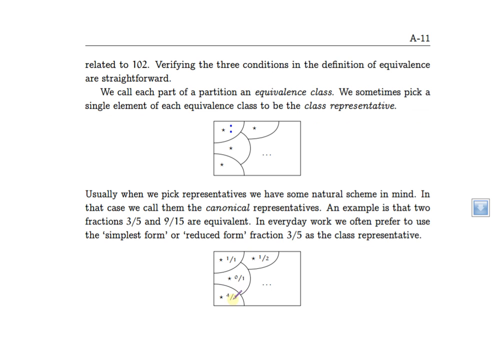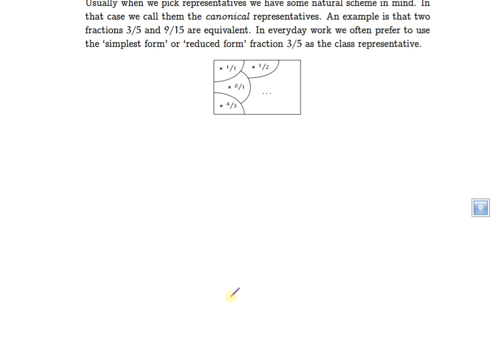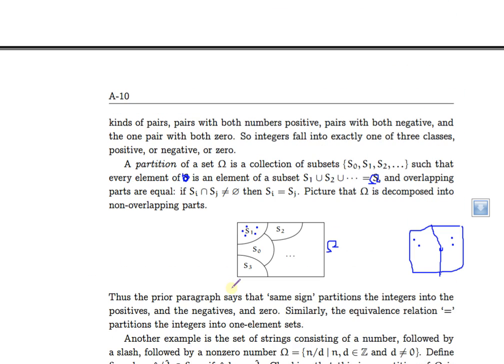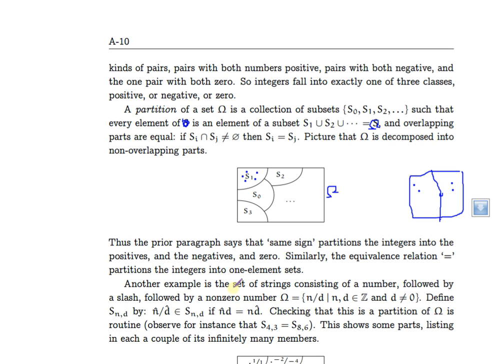For instance, 4/3 is the same as 8/6, so 8/6 is also in this set. 12/9 is also in this set, but there's only one representative in this set that's in lowest terms. Okay, and that's going to be our representative. So that's a brief introduction to equivalence classes. Again, you can go to a text in discrete mathematics or go on the web if you want some more examples of this.